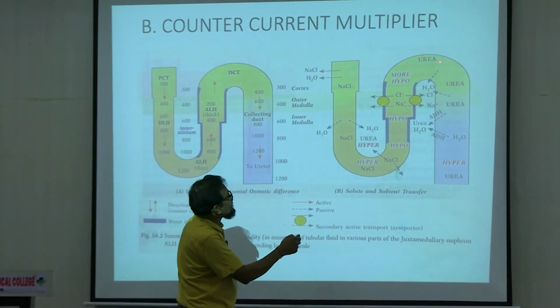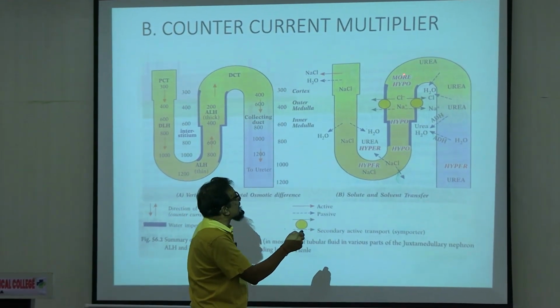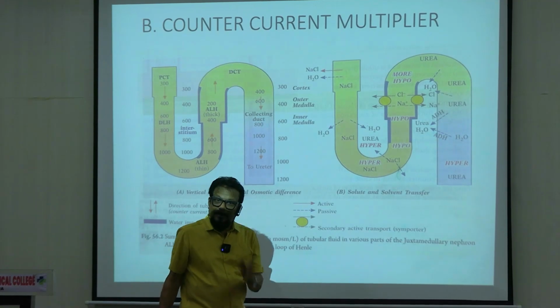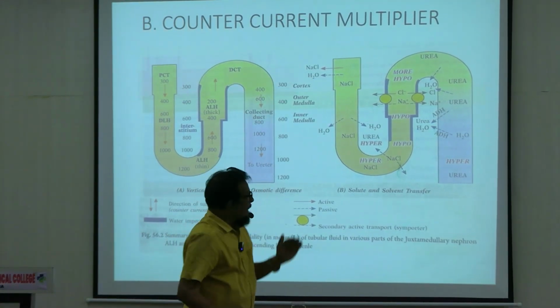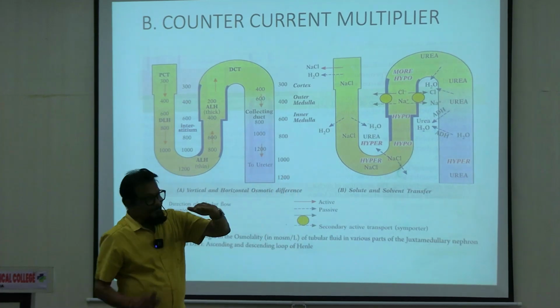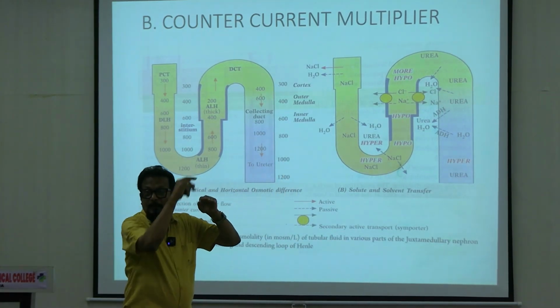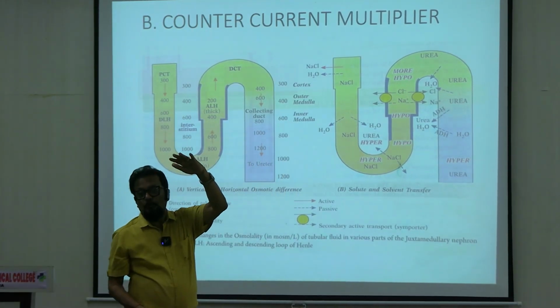Okay. This area passes through the JG apparatus, through this junction. After coming out of that area, going towards the collecting tubule, it has 2 parts.